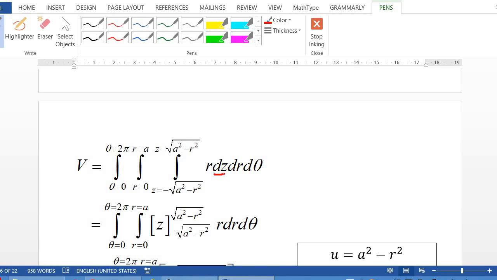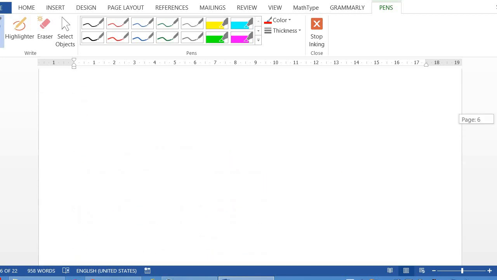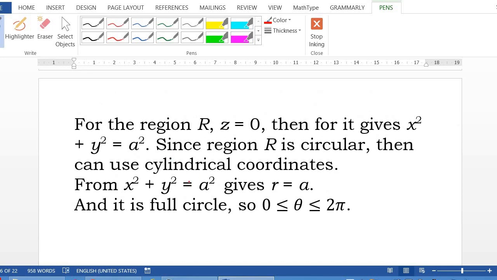And dz maintains, dA becomes r dr d theta. So we need the limit of r. From the circle just now, x squared plus y squared equals a squared, so you have r squared equal to a squared, so r equals a.